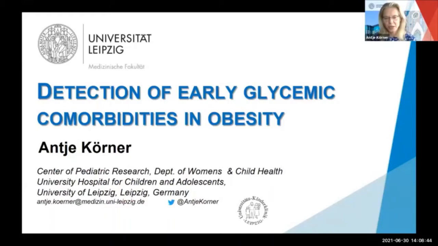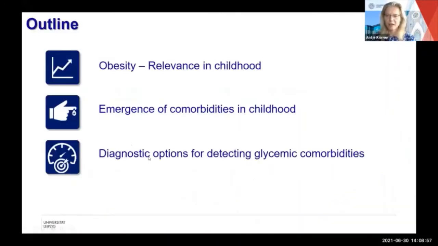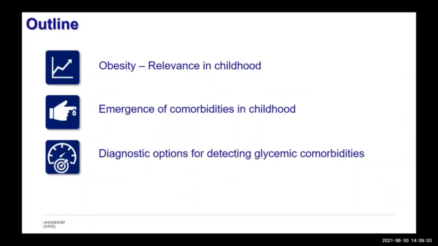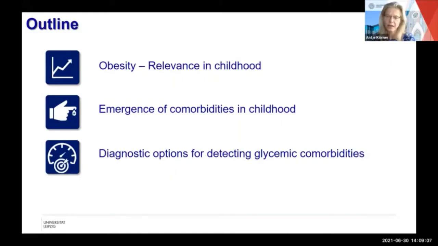What I would like to discuss with you is how we can detect early glycemic or metabolic comorbidities in obesity in children. I would briefly like to show you that obesity is a disease of high relevance in childhood.